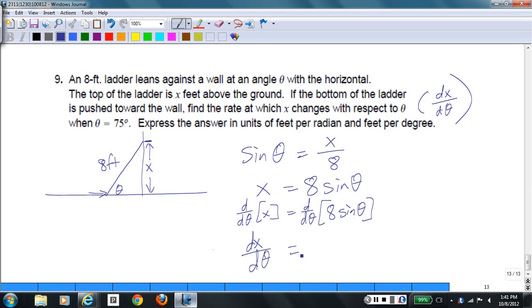That's what we want. That's what we need. d d theta of 8 sine theta, because the theta with respect to which we're differentiating matches the theta in the argument, there's no chain rule involved. It's just plain old 8 cosine theta. Why wouldn't we do the product rule? We could do the product rule. Constant multiple rule is a little bit simpler because when you do the product rule with the 8, when it comes time to multiply by the derivative of 8, that's going to be 0.